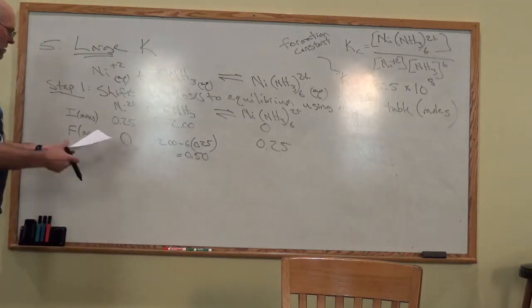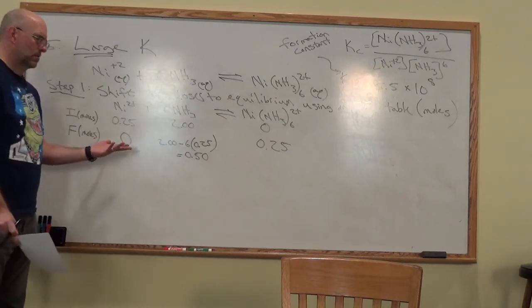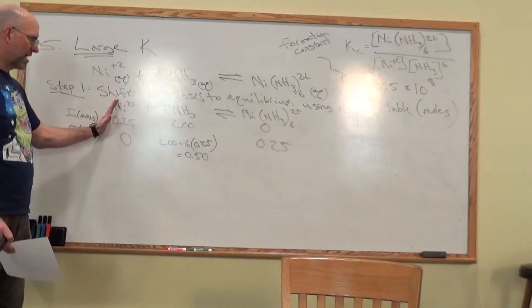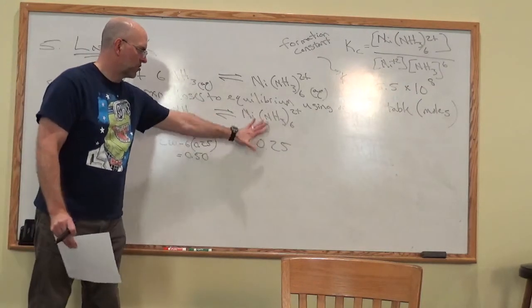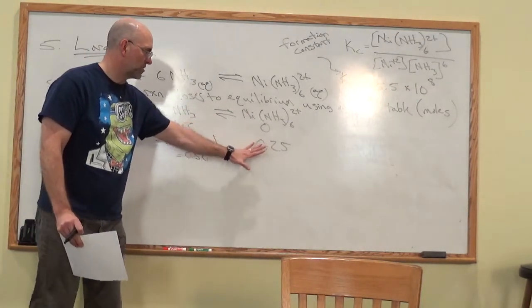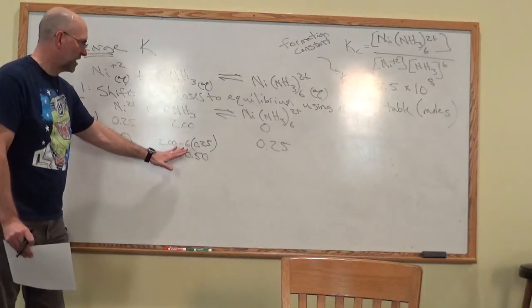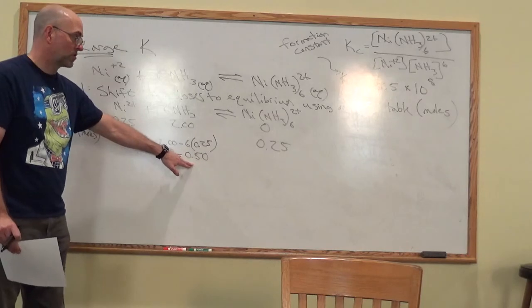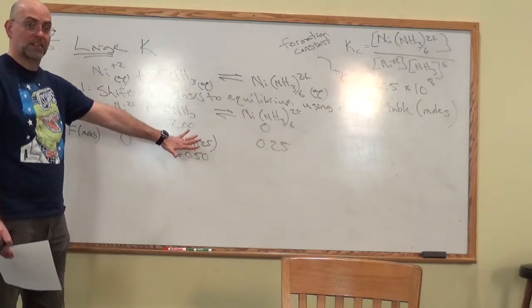Okay, does that make sense? So we're just doing the stoichiometry. This is your limiting reactant. It's a 1-to-1 ratio, so you're going to produce 0.25 moles here. And how much of the ammonia is going to be left over? 0.50 moles. Now remember that because I have to erase this information.